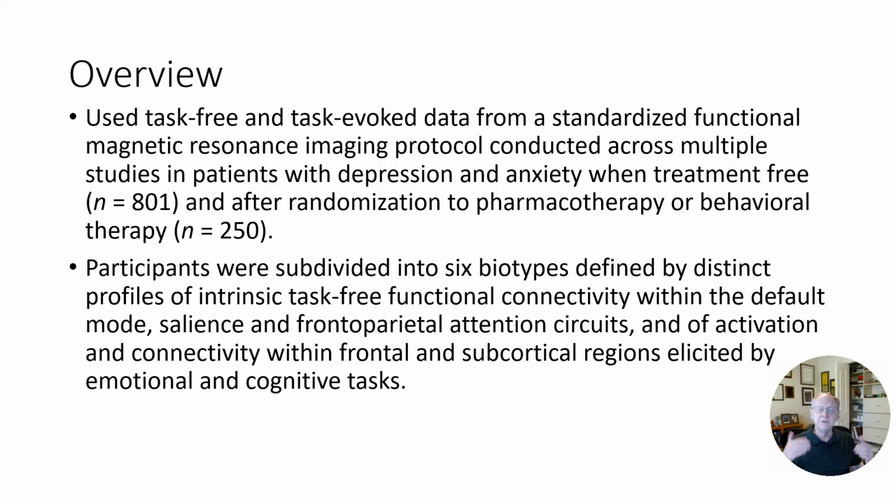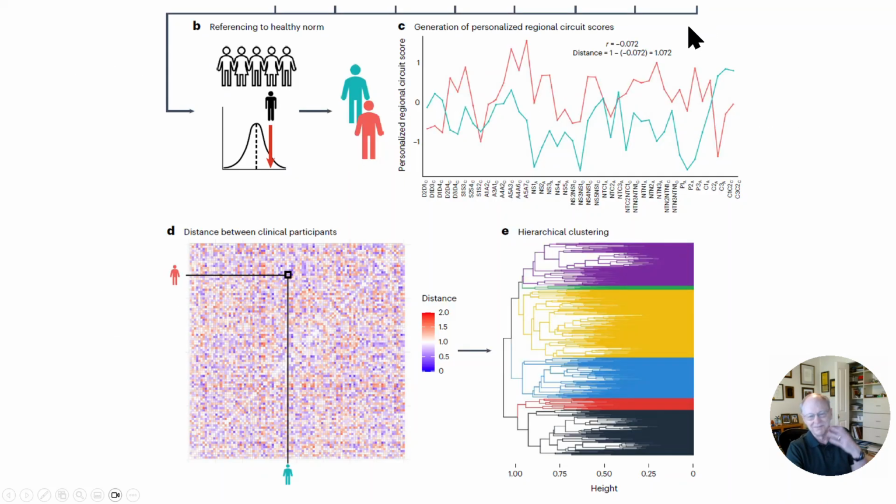And then they used machine learning to categorize these people based on their fMRI results into these 6 biotypes. And I'm not going to go into how the machine learning works. I'm just going to show you the results. And oh well, actually I lied. I am going to show you a little bit about the machine learning.